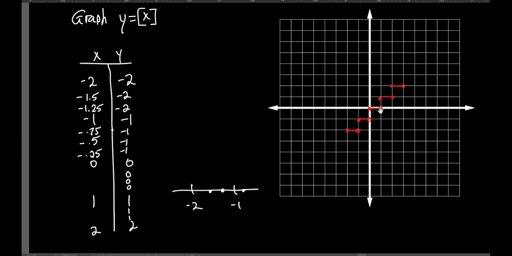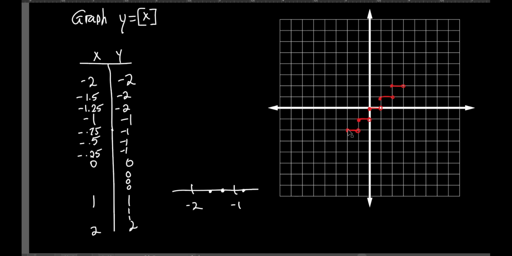Why is there no slope? Like, why don't they connect? Because remember, you jump up, it doesn't connect, because we're not using those points. So if I went to negative 1.5, I'm not jumping up to here, right? I'm staying here. If I go to negative 1.1, I'm staying here because of the definition of a greatest integer. That's why you don't connect them.